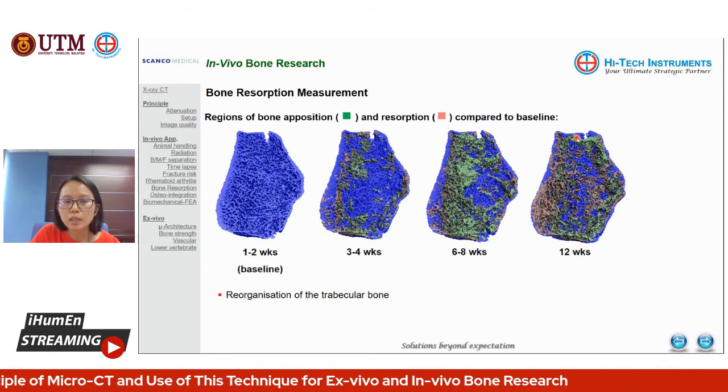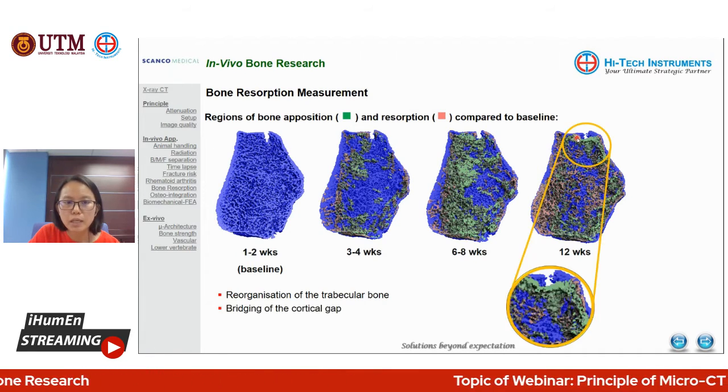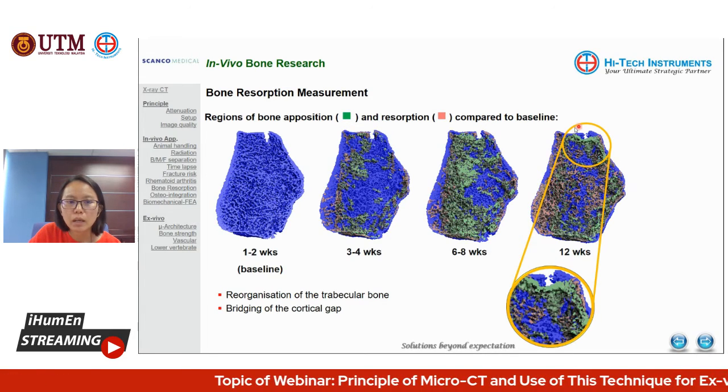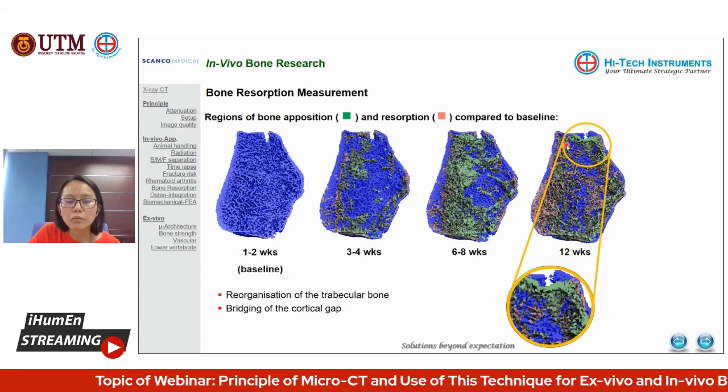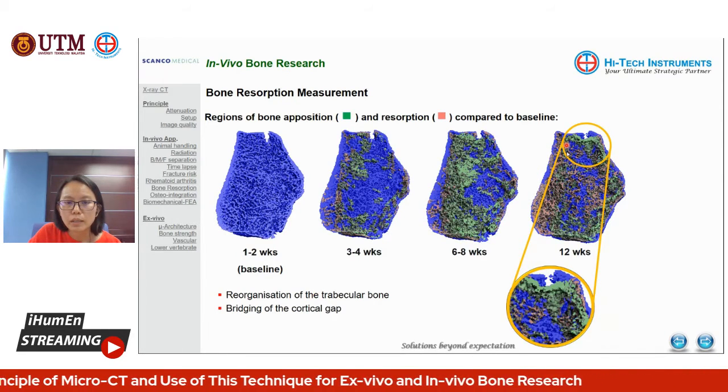So from this study, we can get the result of reorganization of the trabecular bone, the bone regeneration, and we can also see a regrowth of the trabecular bone that is going to fill up the gap here.